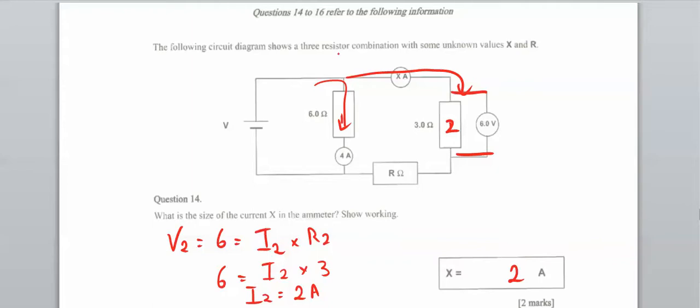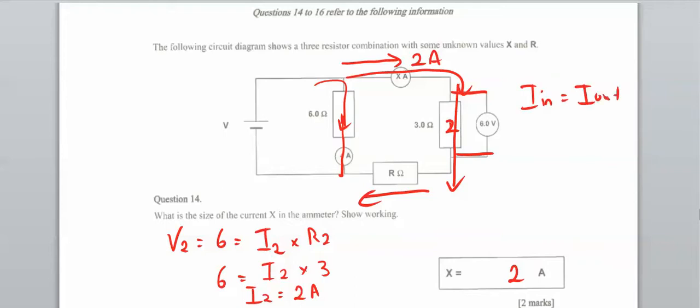So what's happening is we've got 2 amps going through this way, and 2 amps going through here, and we've got 4 amps coming through here. We know that the current in is equal to the current out.